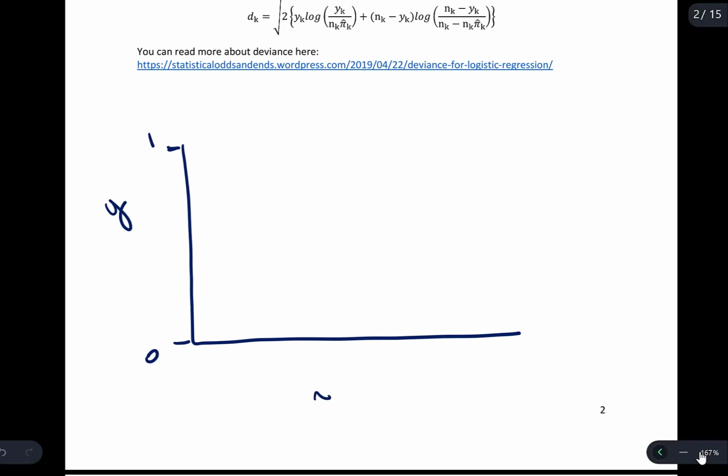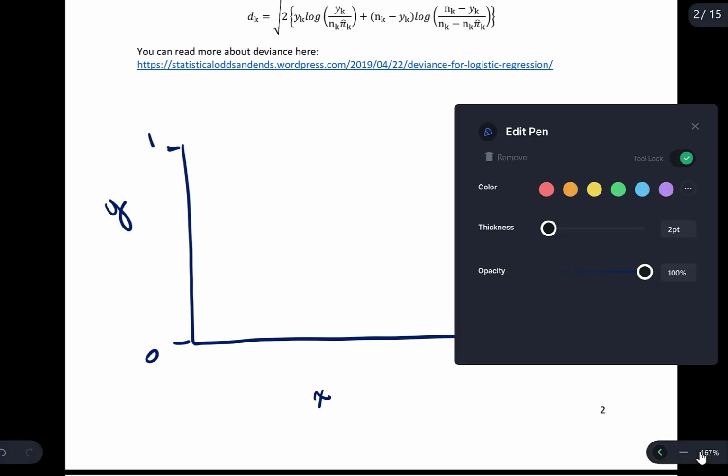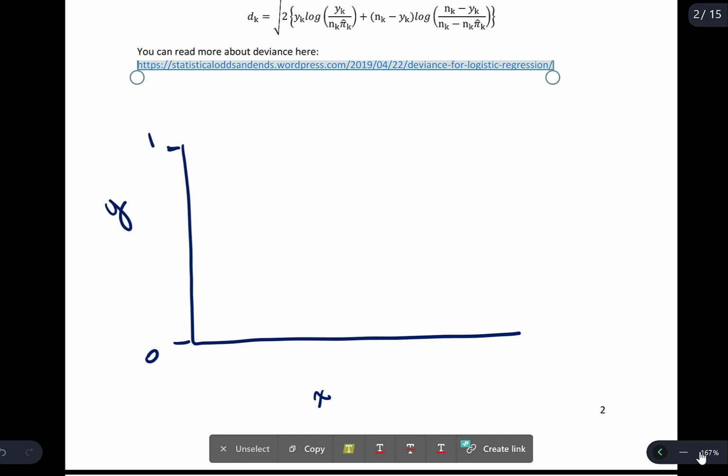And then for the sake of argument, let's say along the x-axis we have a single quantitative predictor variable. Now when we think of what our observed data is going to look like, along the x-axis I could take lots and lots of different values, but along the y-axis I'm only going to take a 0 or a 1, a success or a failure. So potential data might look something like this.